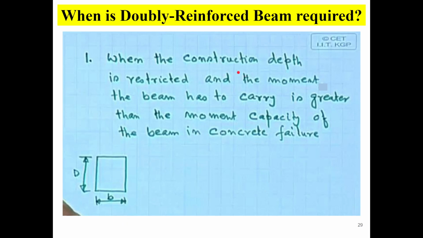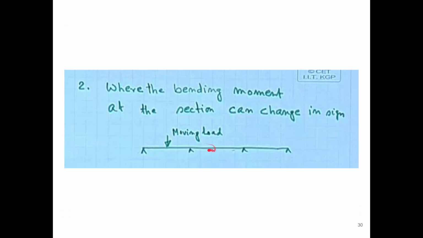That is one condition, and the second condition is when the bending moment at the section can change in sign. For example, it can be due to some moving load or even due to some cyclic load. Say, for example, this is a road and a bridge which has supports here at 4 points only, and here there is no support. This is a vehicle.